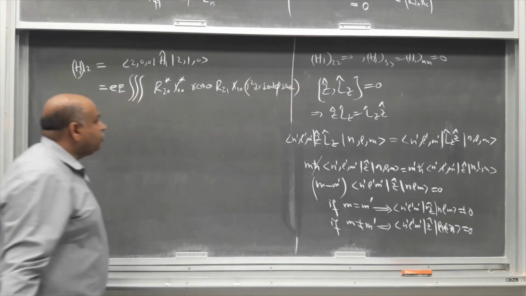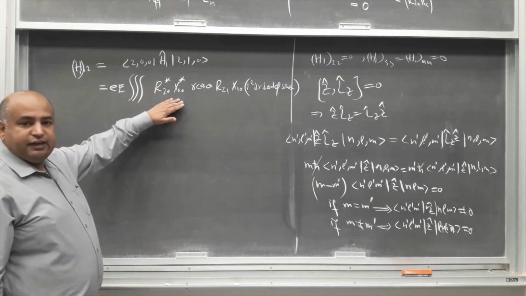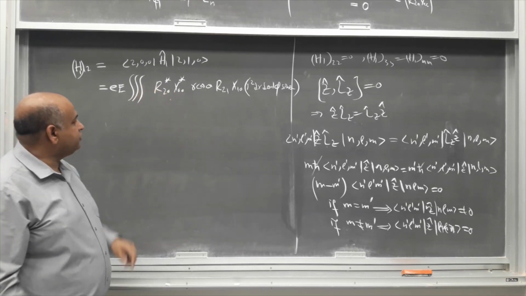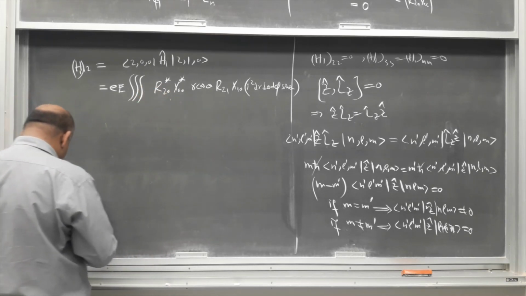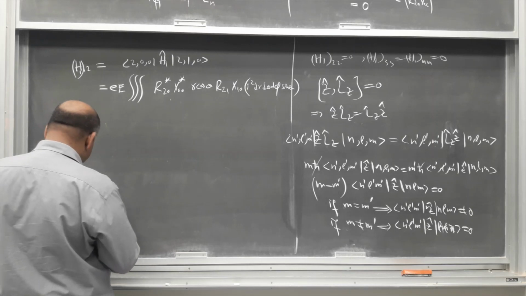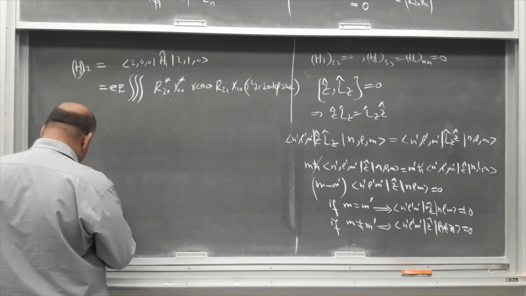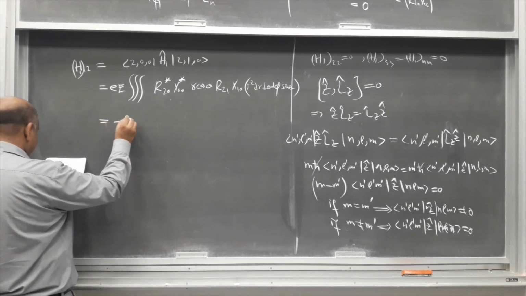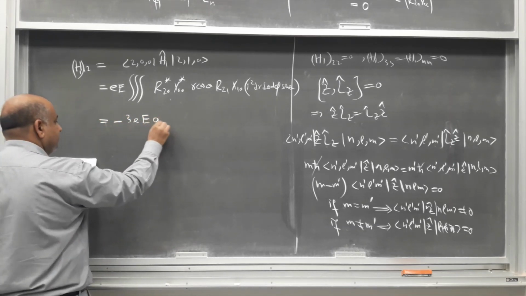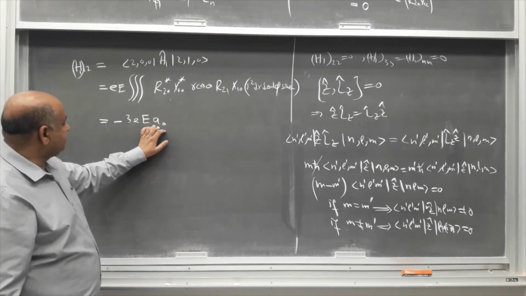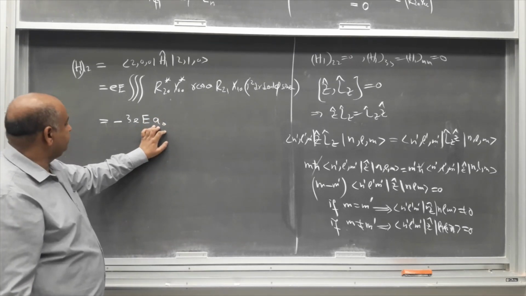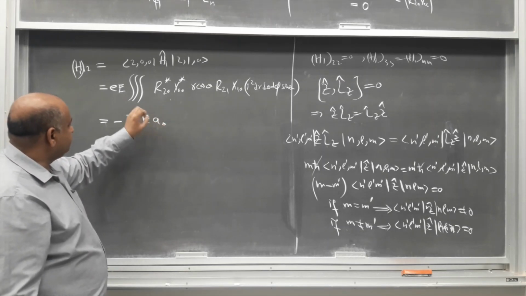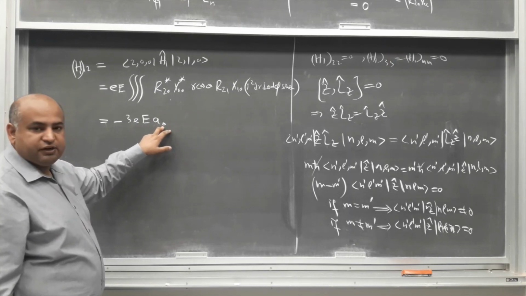This is our volume element, and we can easily evaluate this integral because we know R20, Y00, etc. So if you put these functions here, you can show, which is actually part of your homework, that this comes out to be minus 3e a0, where a0 is Bohr's radius. We'll get h bar and other terms here, and if you collect them all, it is nothing but a0.